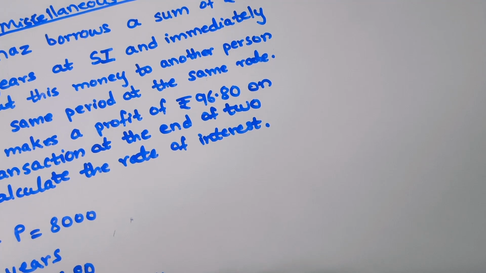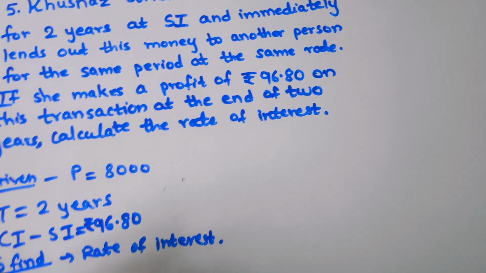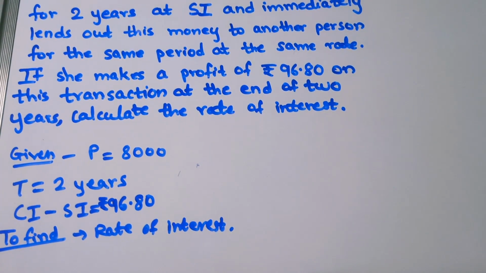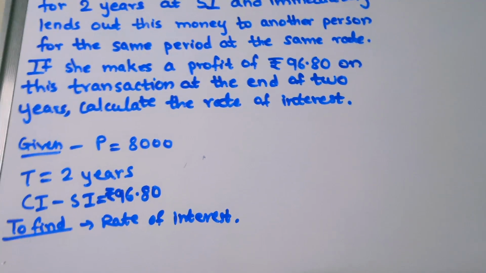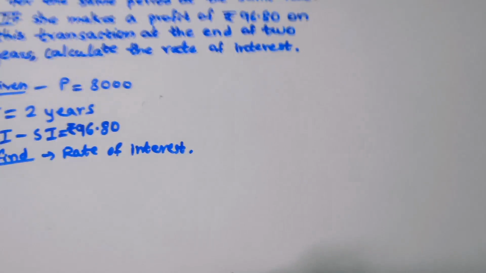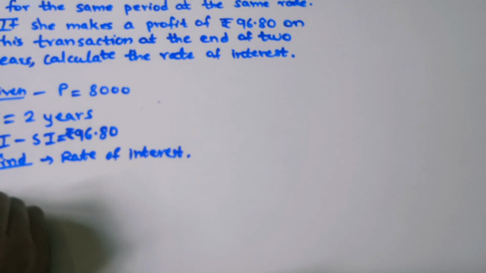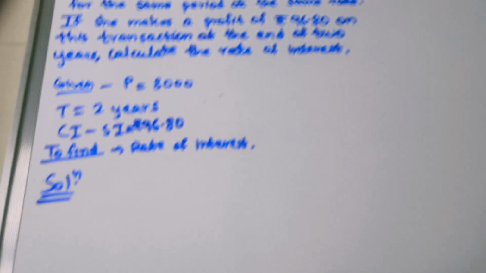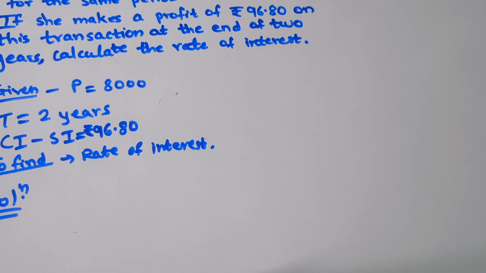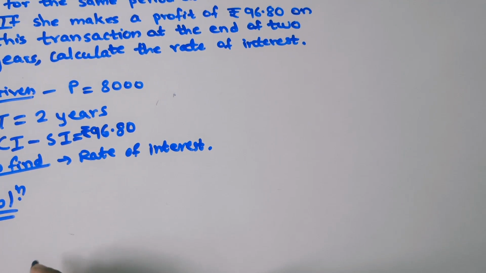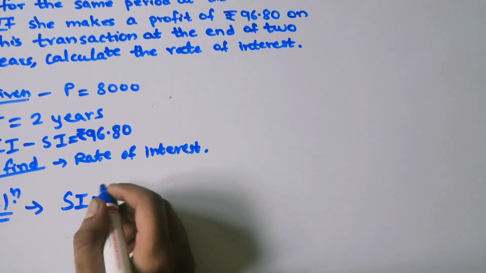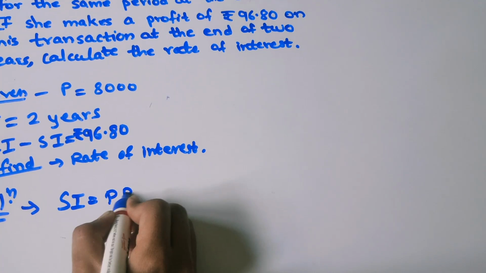Now to find this, first of all she took it in the form of simple interest, right? So let's do one thing first, calculate the simple interest. Now what is the formula for simple interest? The formula for simple interest is P into R into T upon 100.